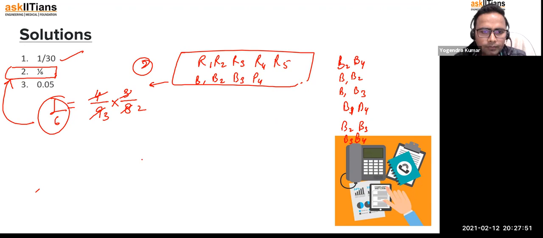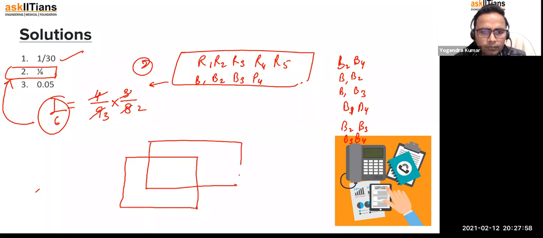Suppose there is a cube, assume it to be a cube of side length a, and now I want to cut out the maximum portion, the sphere portion.